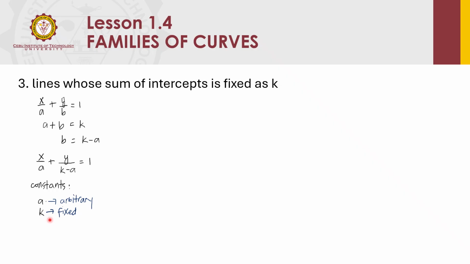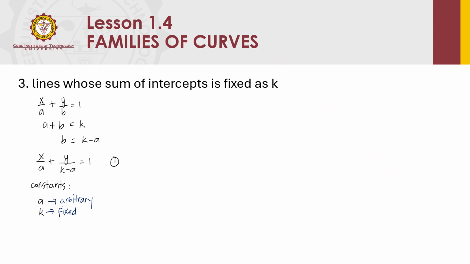So we're going to write a first order differential equation since there's only one arbitrary constant. Okay, so let's now go to the elimination of the arbitrary constant a. Let me label this as equation 1.